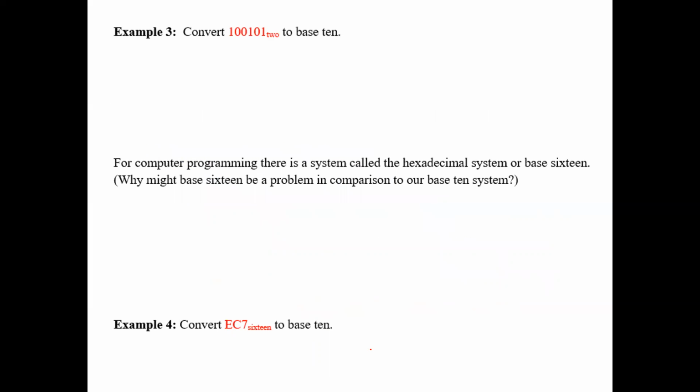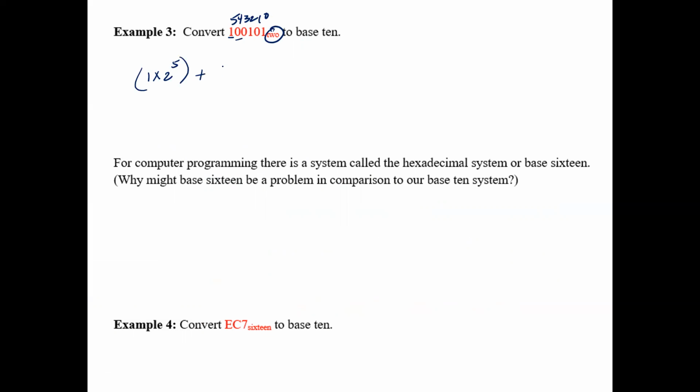All right, let's go into example 3. With example 3, we're going to convert this to a base of 10. So once again, you start off by numbering the places: 0, 1, 2, 3, 4, 5. Your base is 2. So you start with 1 times 2 to the 5th power.